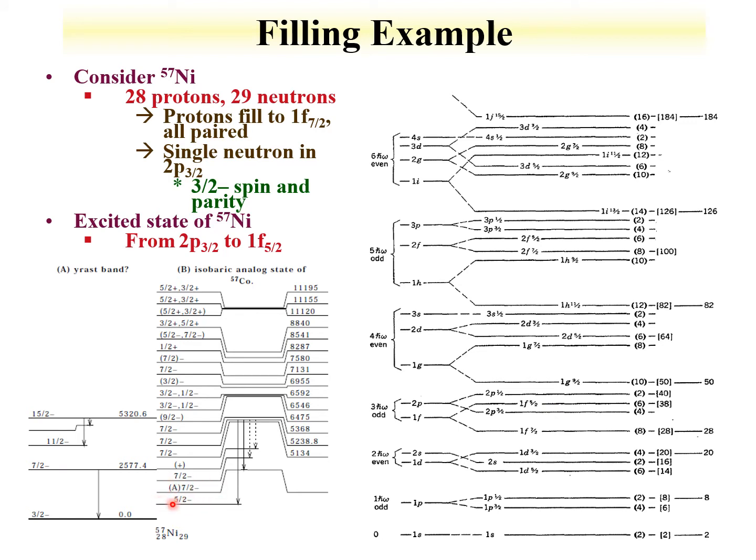F being negative parity, 5/2 state. So this also seems to correlate with nickel-57, which has 28 protons, by the way, a magic number. So nickel-57 is fundamentally one off from being a doubly magic nucleus.